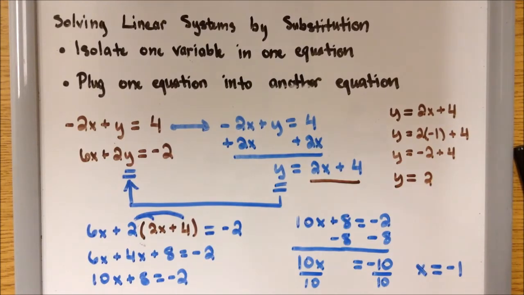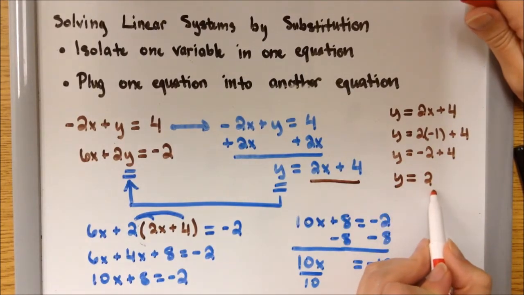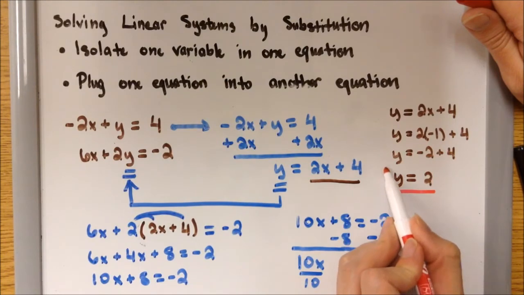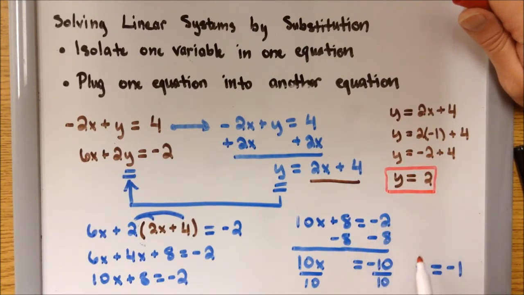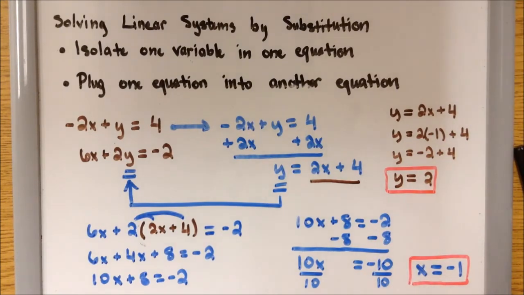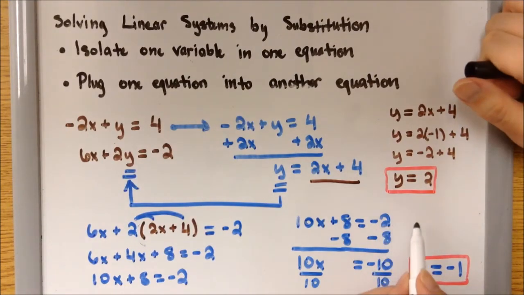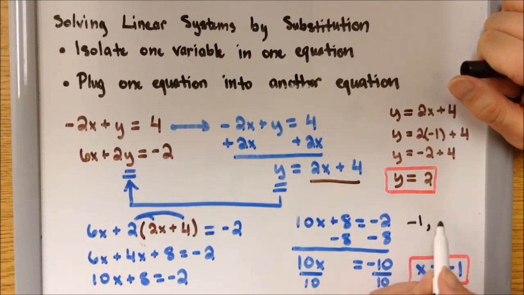What you can do is box up the value for y, box up the value for x, or just like in graphing, you can write it as a coordinate point. So my x is negative 1, comma, my y value, which is 2.